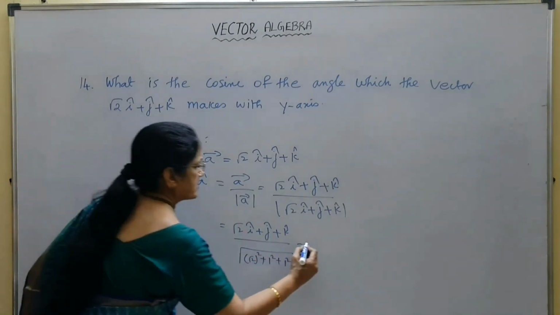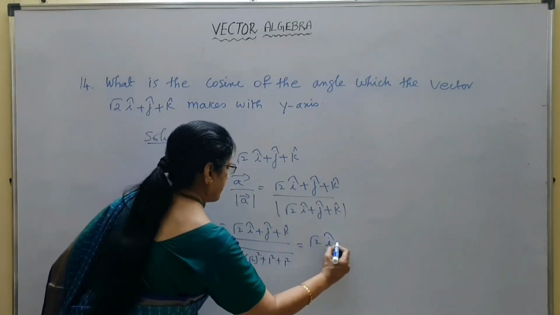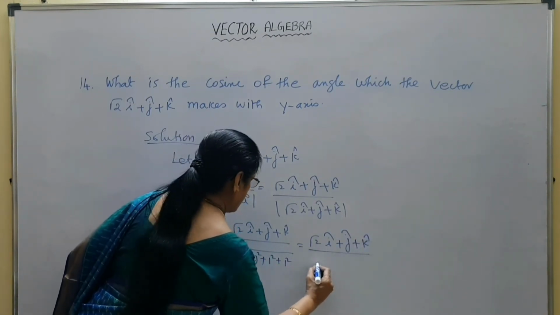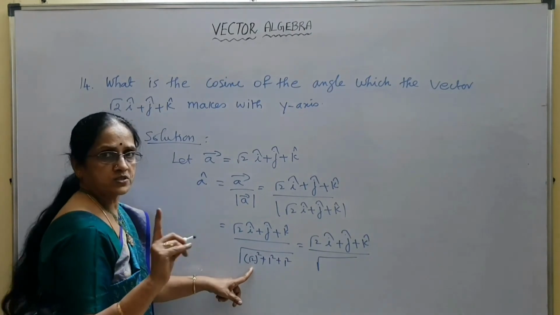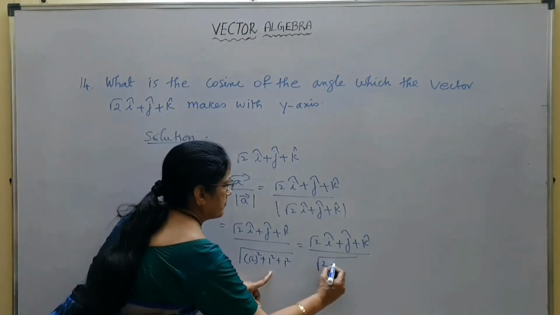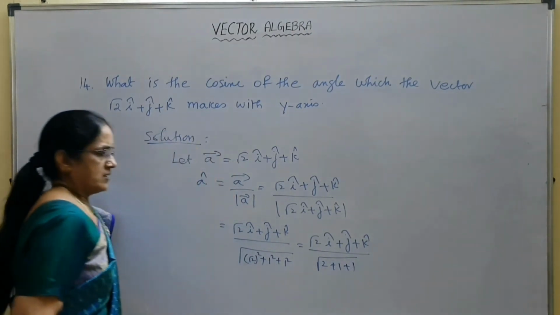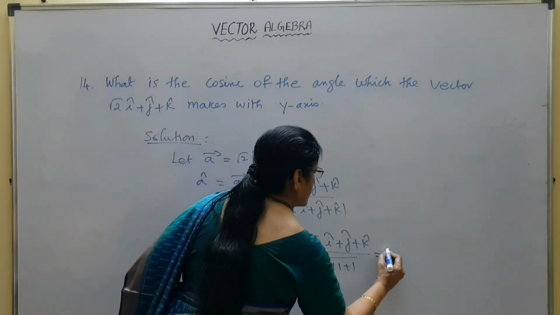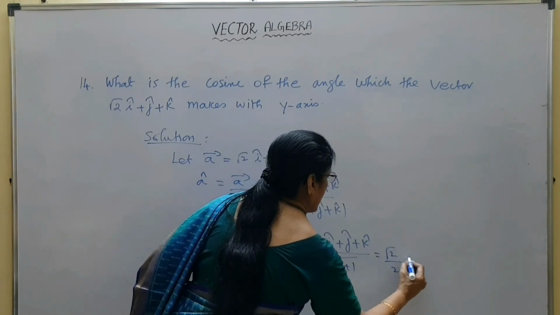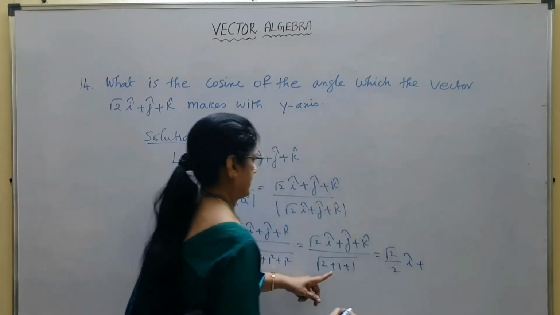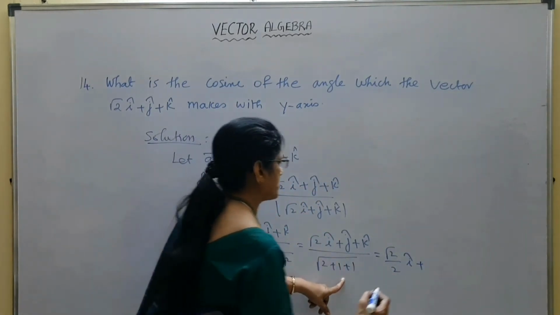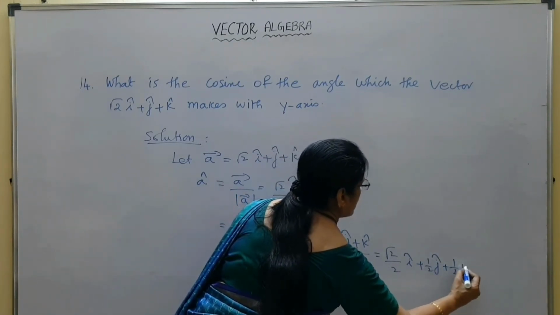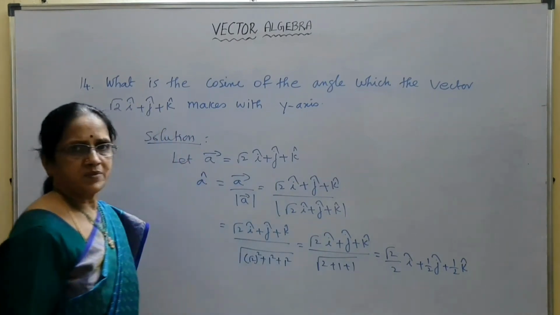This is nothing but root 2 i cap plus j cap plus k cap by square root of root 2 the whole square is 2 plus 1 plus 1. So square root of 4 is going to be 2. So I will be getting root 2 by 2 i cap plus 1 by 2 j cap plus 1 by 2 k cap. So this is what I am getting.